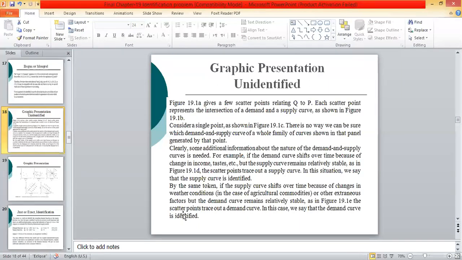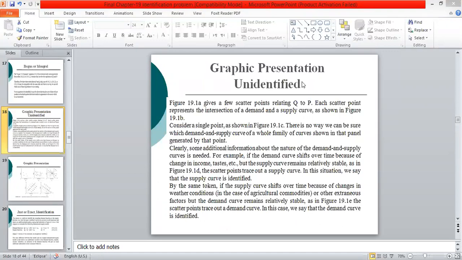As you have seen, when you are going to identify the demand equation, you have some more information regarding the income of the consumers, and when your supply equation is being identified, you have some additional information regarding the weather.